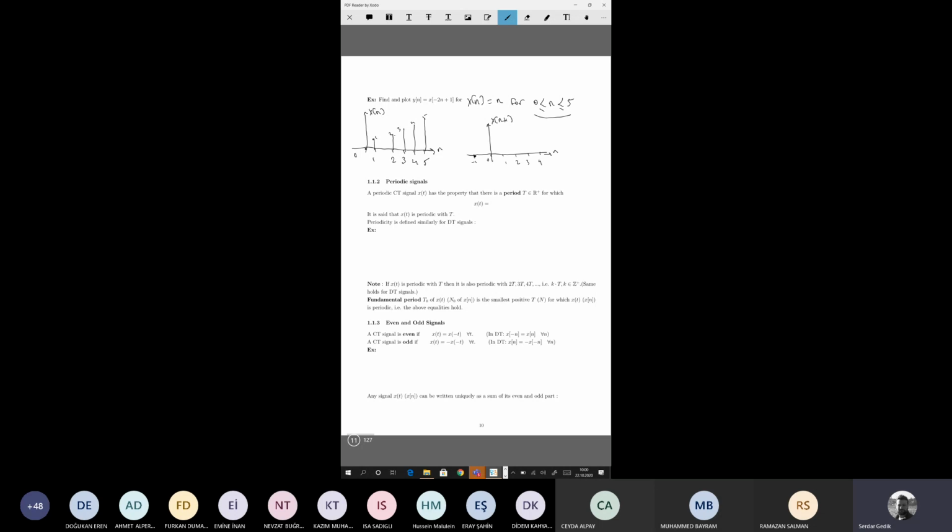It is 0 at minus 1. It is 1 at 0, 2, 3, 4, and 5. How can you check whether this is x of n plus 1 or not? Simply put here, let's say 1. So if I put here 1, what do I have? X of 2. What is x of 2? It's simply 2, and it is equal to this value. So you can check whether other values are true or not.